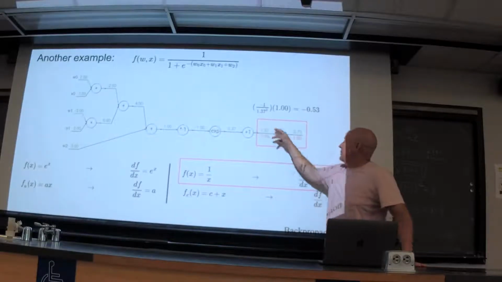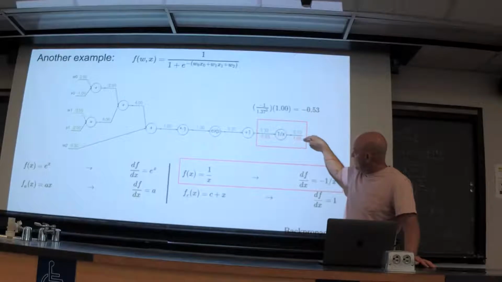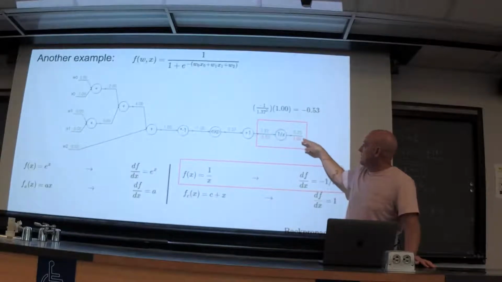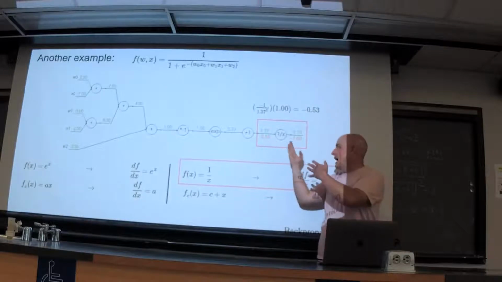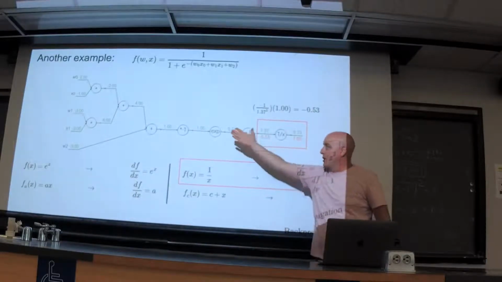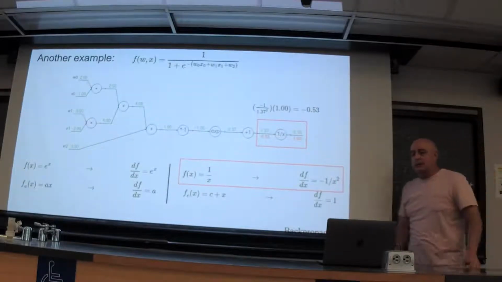Then we multiply it by the downstream gradient, and that gives us the new downstream gradient that we're going to use as we propagate back upstream. That happens to be minus 0.53 here, okay?